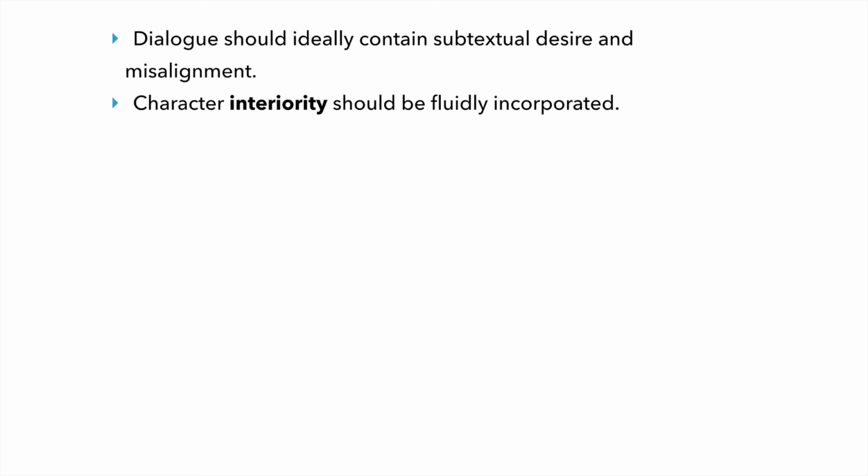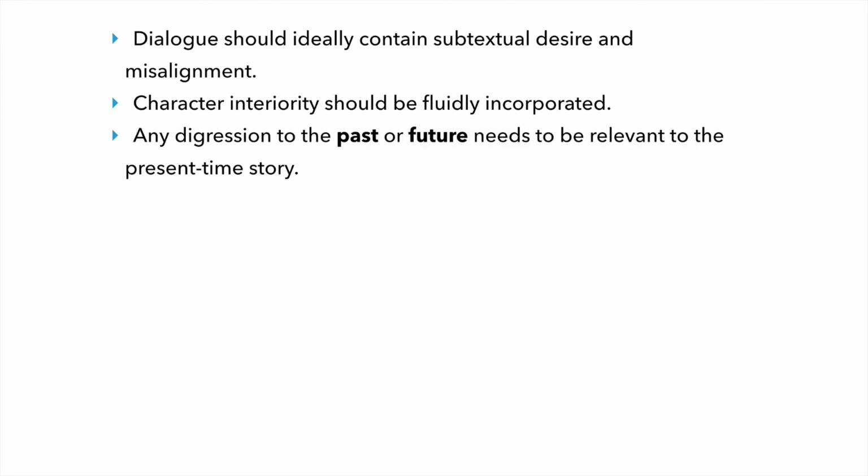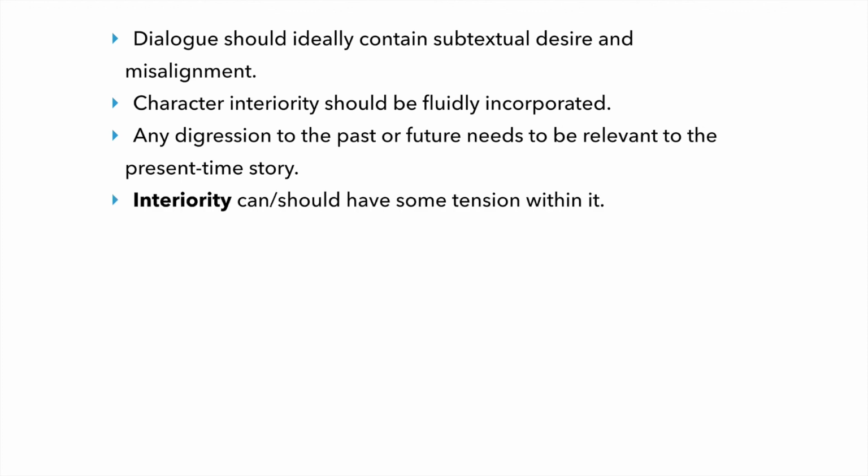Number 1, dialogue should ideally contain subtextual desire and misalignment. Character interiority should be fluidly incorporated. Any digression to the past or future needs to be relevant to the present time story. Interiority can and should have some tension within it.